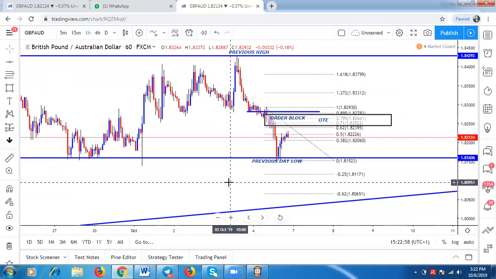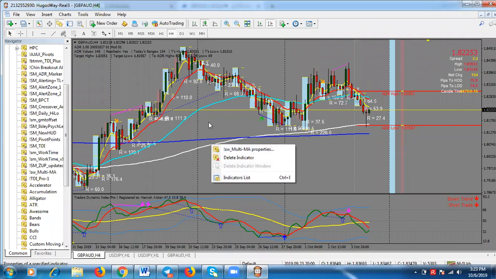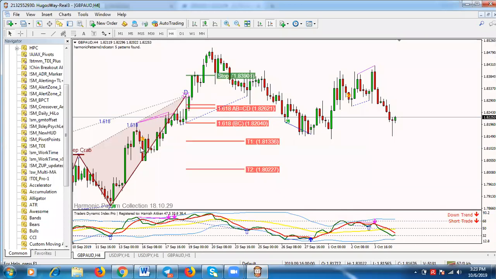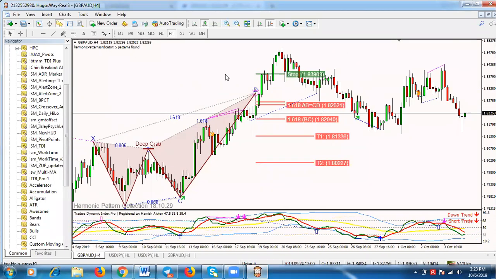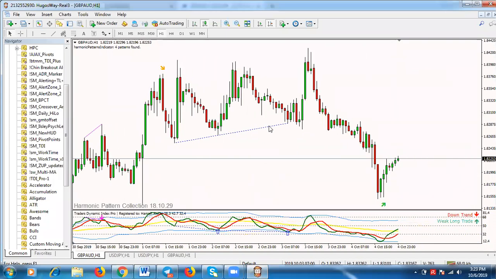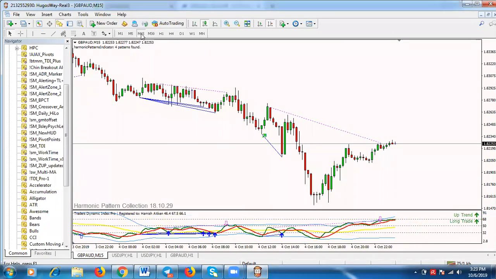Market open Monday, and then the harmonic, check for harmonic pattern is there. Harmonic on GA. On 4 hour, we have a pattern. You can see this. On the 1 hour, there's no pattern. 30 minutes, there's no pattern. 15 minutes, there's no pattern.